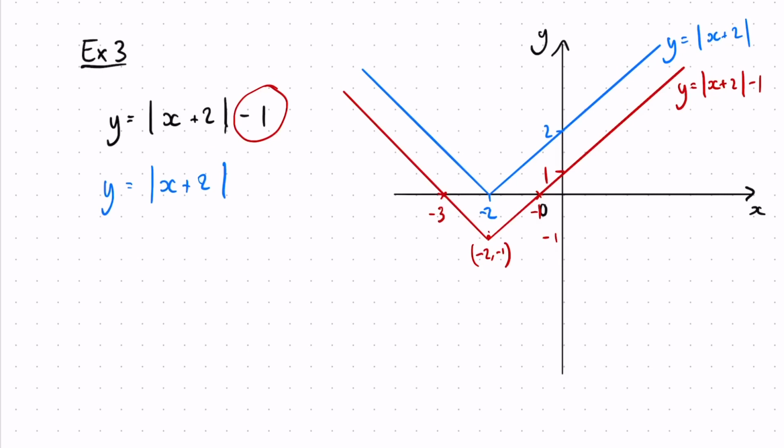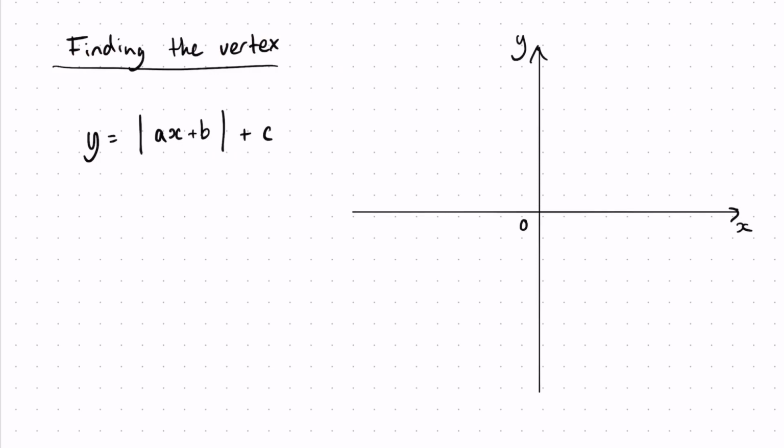Okay, so we're getting into the realms where we want to start thinking about how our numbers affect the graph. So we're going to talk about how we can find the vertex. Finding the vertex of a modulus graph is fairly straightforward, just with a bit of thinking. The way I like to think about it is this part here is really the important part about where that graph is going to flip, because there's going to be a point where this gets as small as it can before getting bigger again, because it will never go past 0.